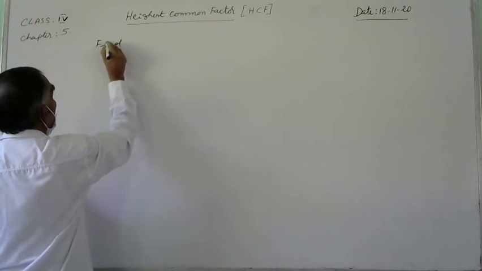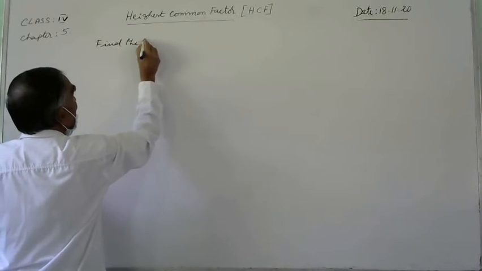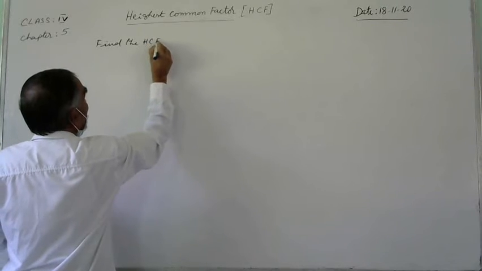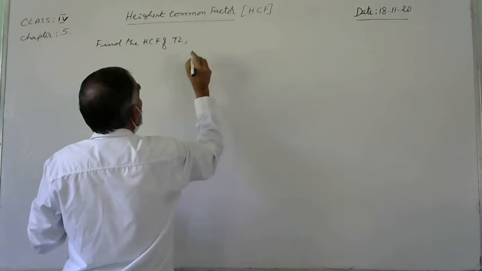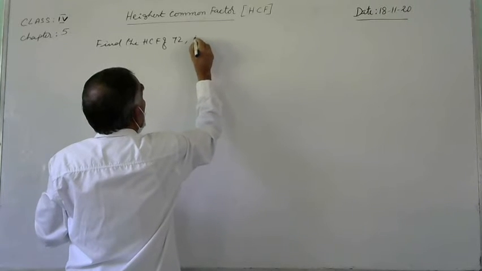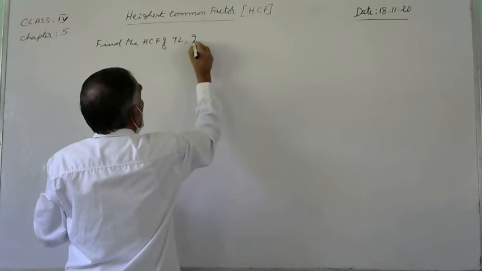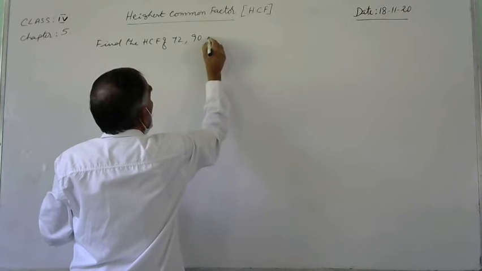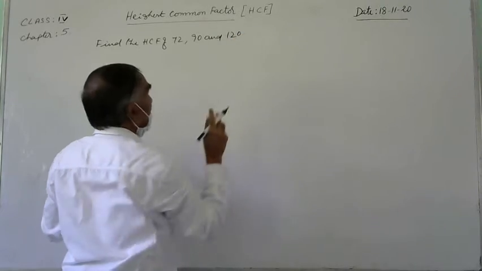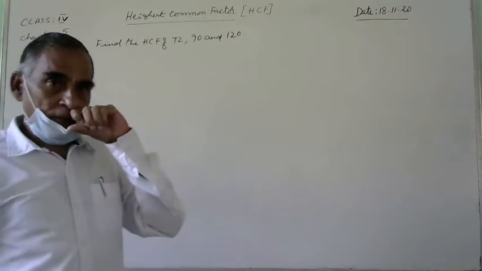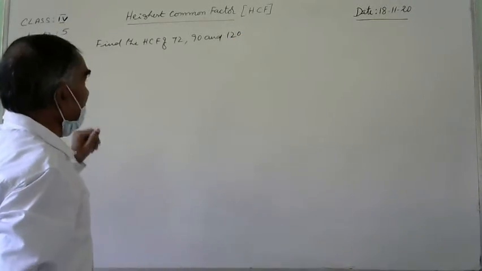Find the HCF of 72, 90 and 120, like this. Okay.